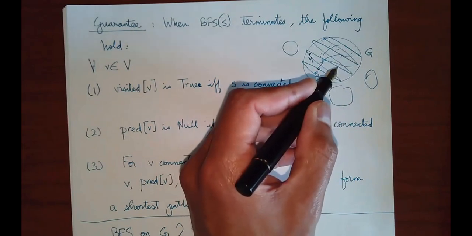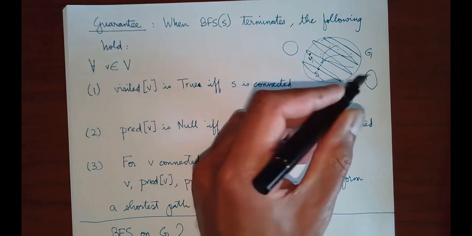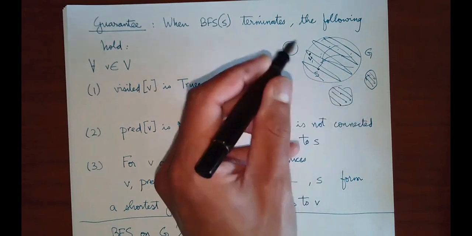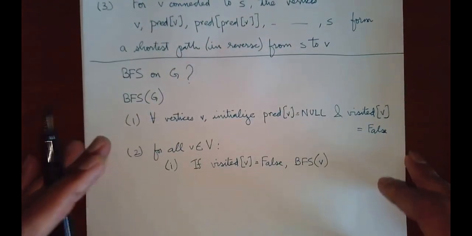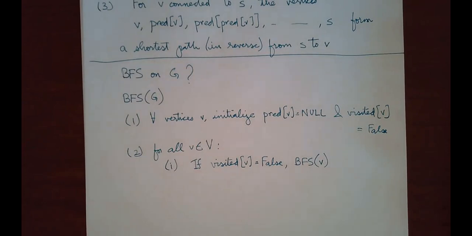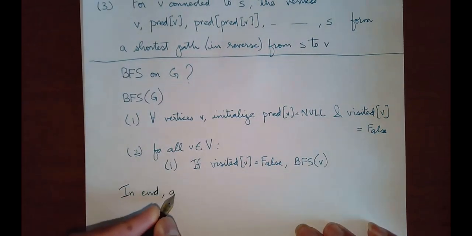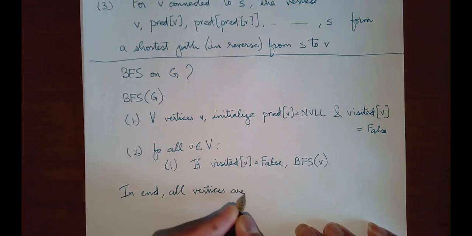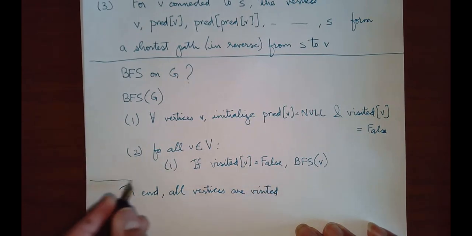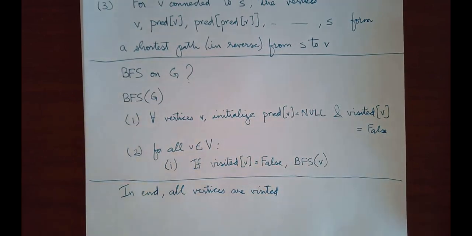It just returns. But once it hits one vertex here, it's going to visit all of these vertices. And eventually it's going to look at a vertex there, visit all of those, and so on and so forth. Is this clear? So in the end, all the vertices are visited.